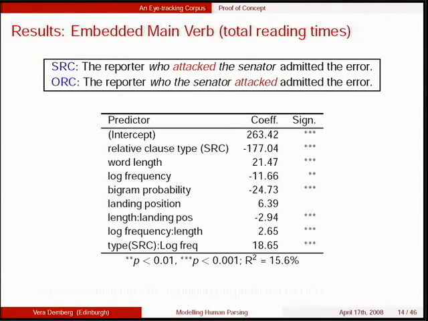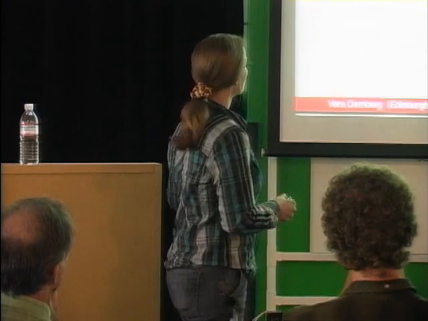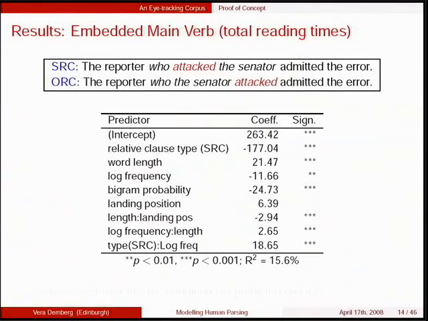What we have here, the intercept, would be the base reading time, so to say. Everything else being equal, you would expect the word to have a reading time of 263 milliseconds. This is for verbs in these relative clauses. Then, depending on the relative clause type, to predict a good reading time we would have to subtract 177 milliseconds.